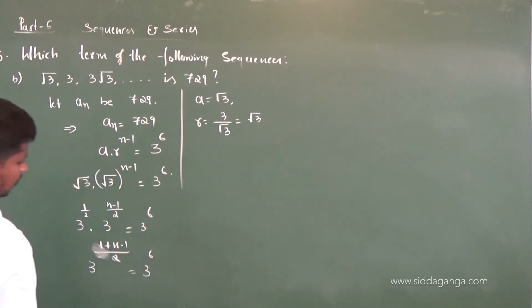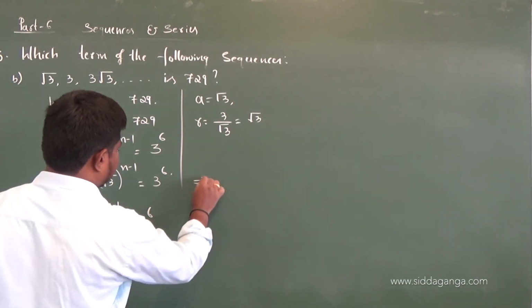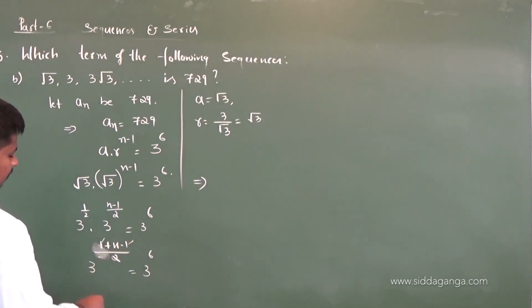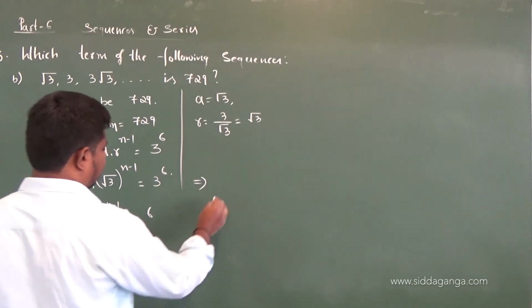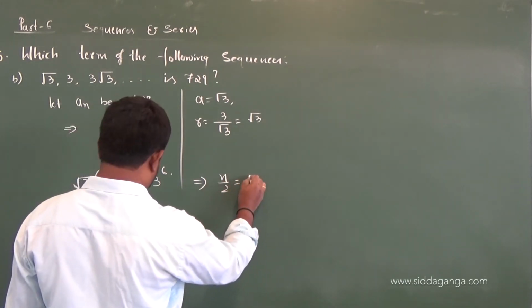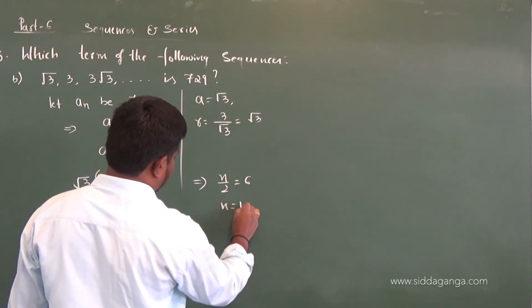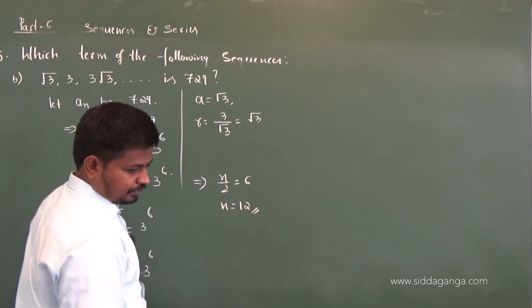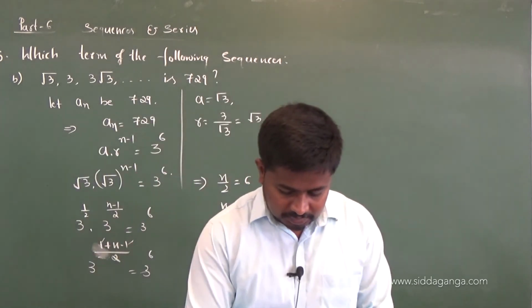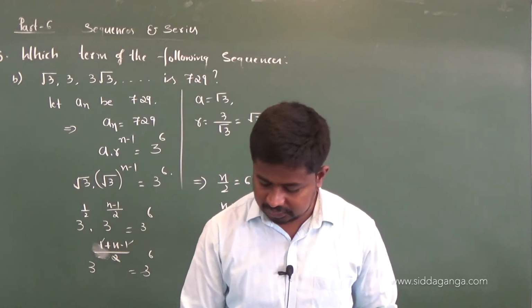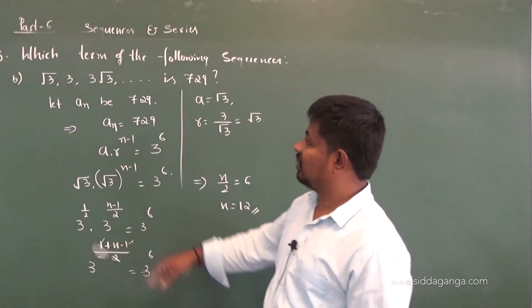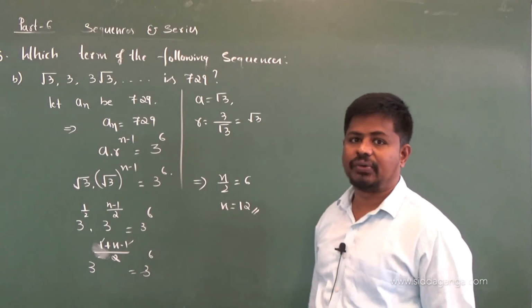So the 1 gets cancelled, and 3 power of n by 2 is equal to 3 power of 6. Hence n by 2 is equal to 6, so n is equal to 12. So the 12th term of this GP is 729. That's it.